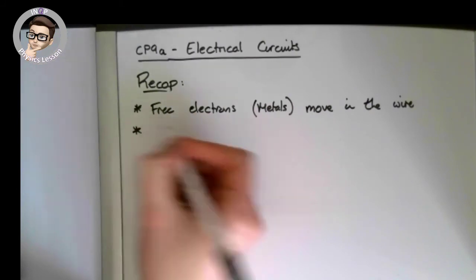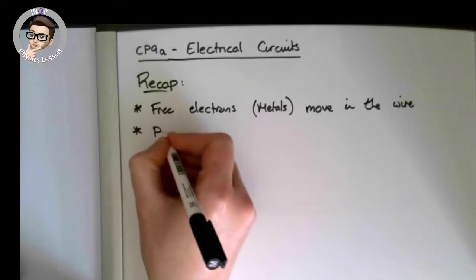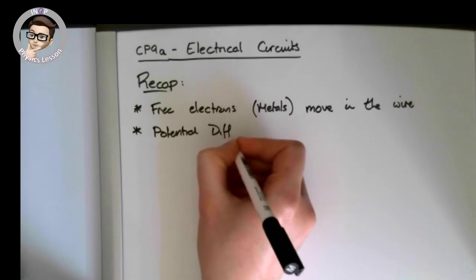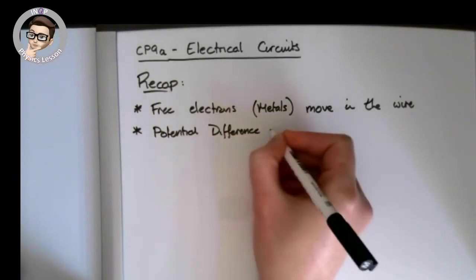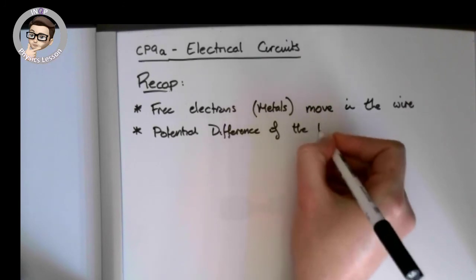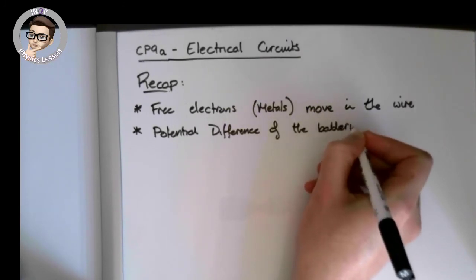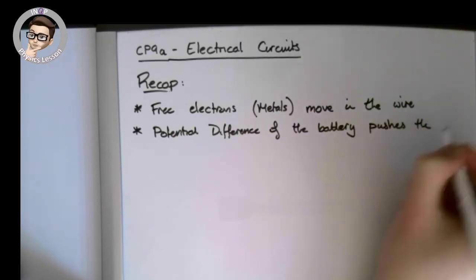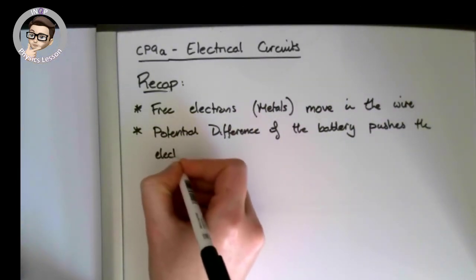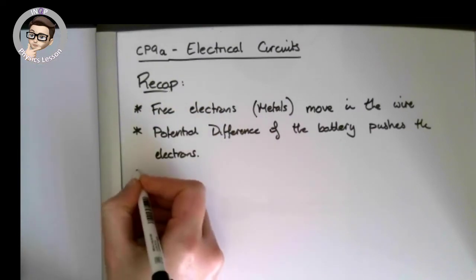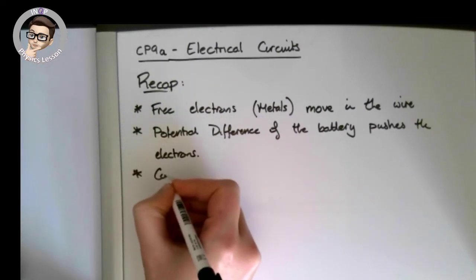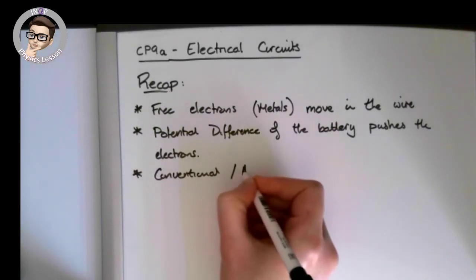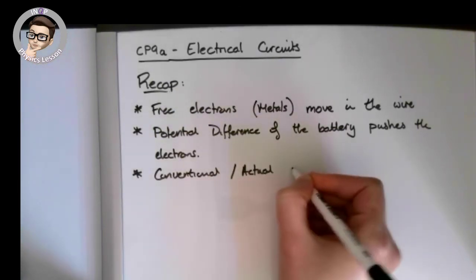They move because the potential difference of the battery pushes the electrons, and we've learnt about conventional and actual current.